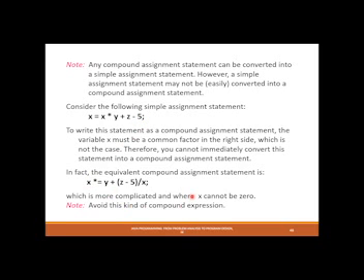To write this statement as a compound assignment statement, the variable x must be a common factor in the right side, which is not the case. Therefore, you cannot immediately convert this statement into a compound assignment statement. In fact, the equivalent compound assignment statement is x asterisk equals y plus quantity z minus 5 divided by x.